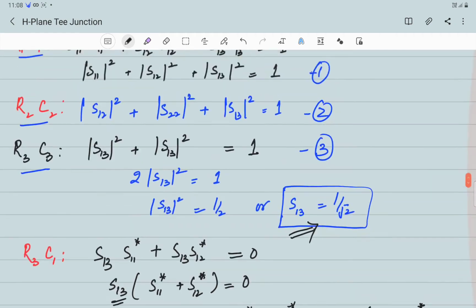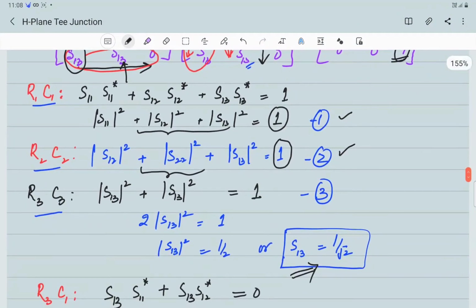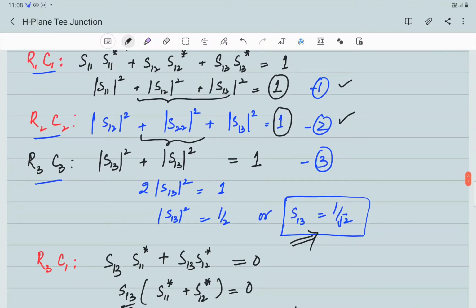Now from above we have seen that if we look at equations 1 and 2, the right hand sides of both these equations are 1. So if the right hand sides are 1, the left hand sides of these equations must be equal. So S11 square plus S12 square plus S13 square must be equal to S12 square plus S22 square plus S13 square.